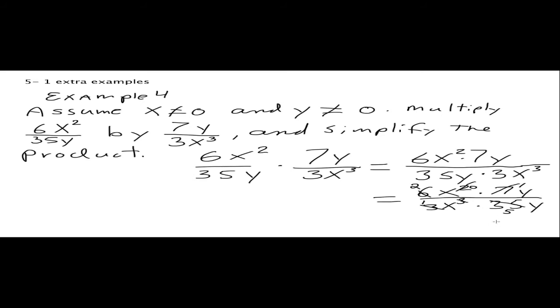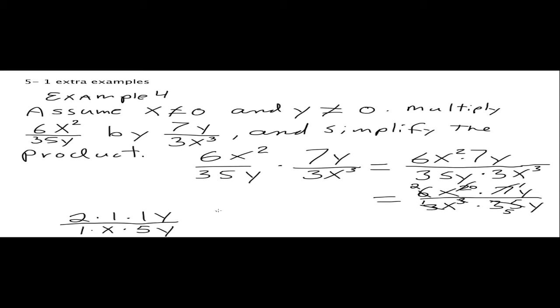So now I can rewrite this. I'm going to come over here to the left side, and I have 2 times 1 times 1y, because that x to the 0th power is just 1, and that's all over 1 times x times 5y.